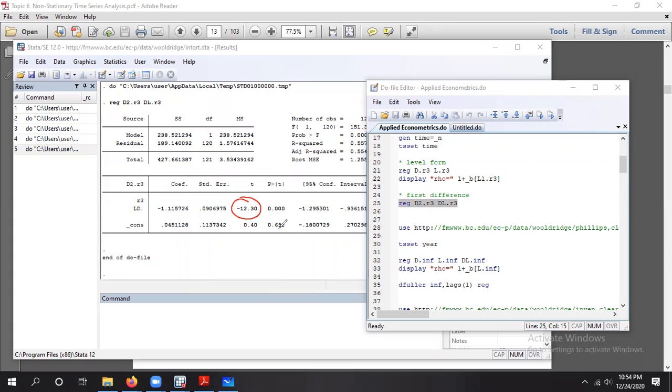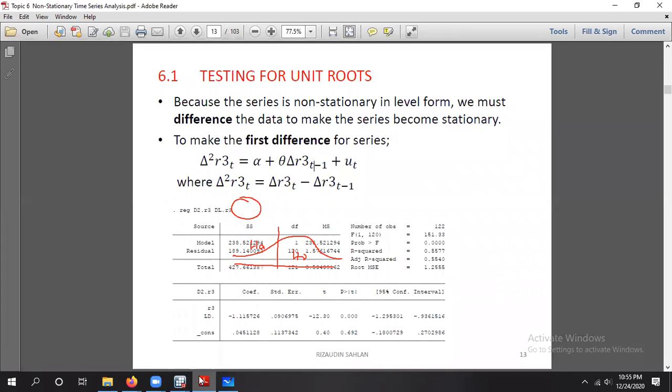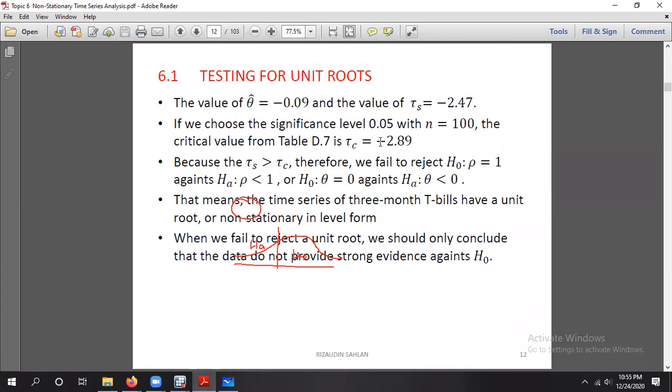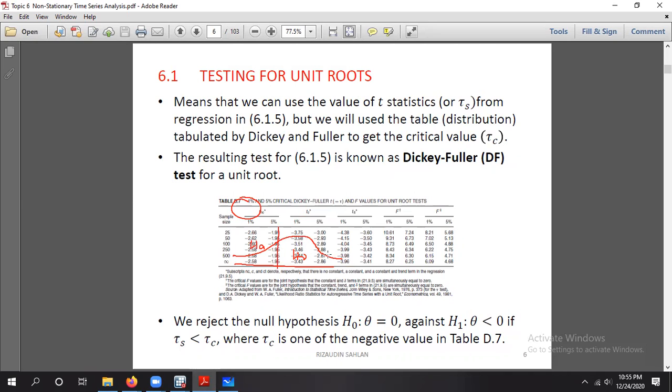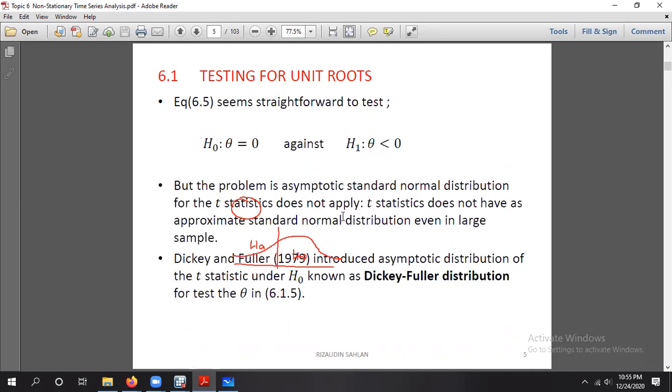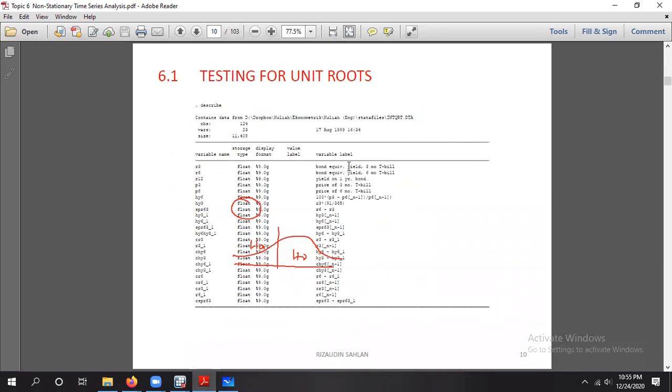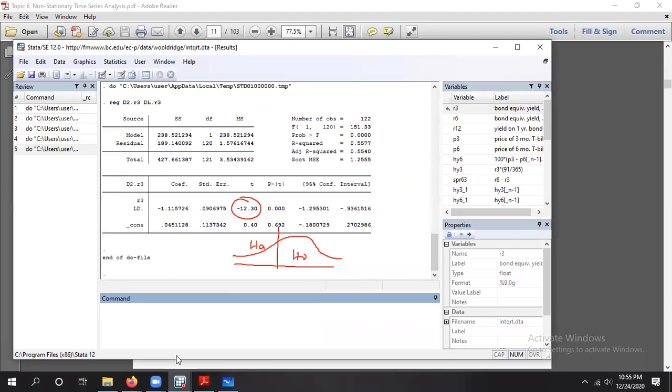The value of negative 12.30 belongs to the HA region. If we draw again the regions of H0 and HA, the tau critical is negative 2.87, based on this table, the same value as before.